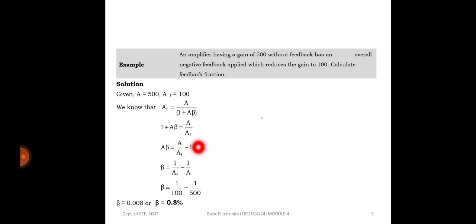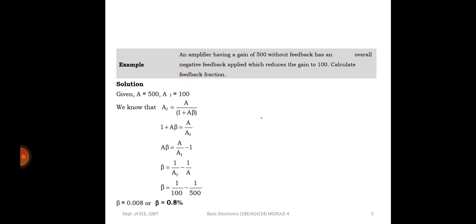So A by AF minus 1, transferring this A to the other side, becomes 1 by AF minus 1 by A. Substituting the values of AF and A, we get the β value as 0.008, or we can also write it as 0.8%. So this is the feedback fraction that is required to get an open loop gain of 500 and a closed loop gain of 100.